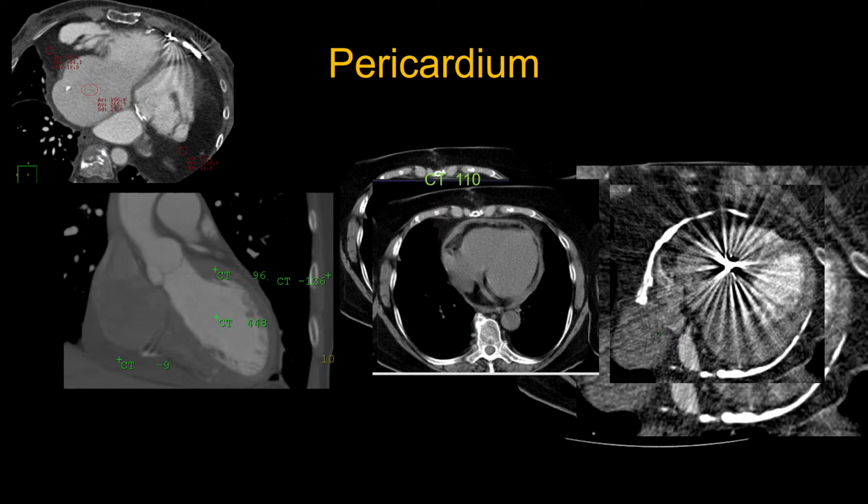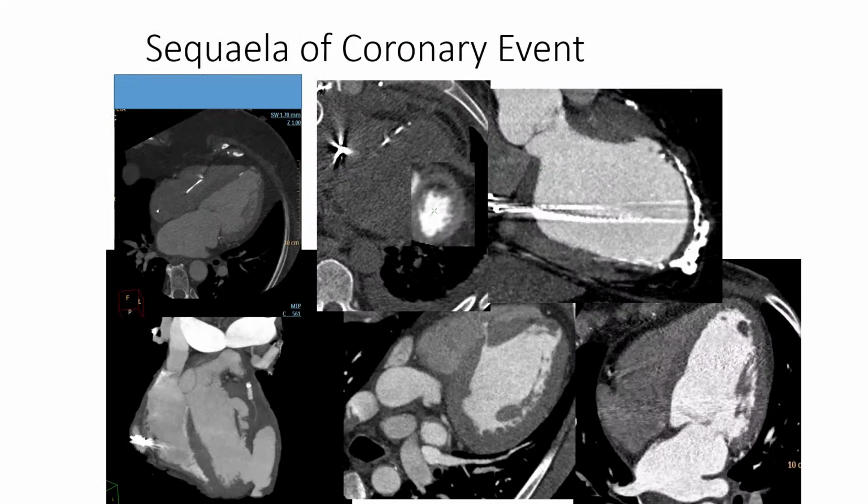It's the same here. We have calcium in the myocardium, so you can tell you have hypoperfusion. But for calcium and fat, you don't need contrast. If you want to differentiate soft tissue, you need to give contrast.